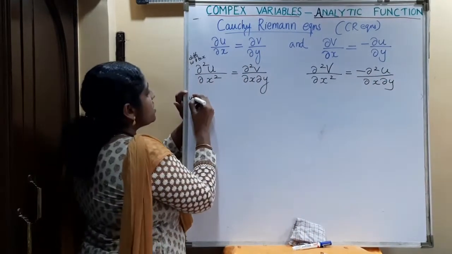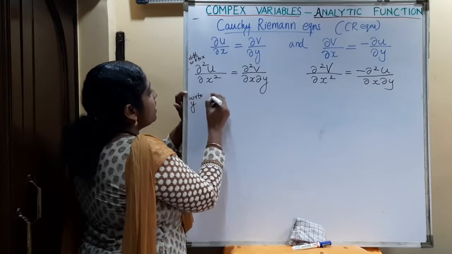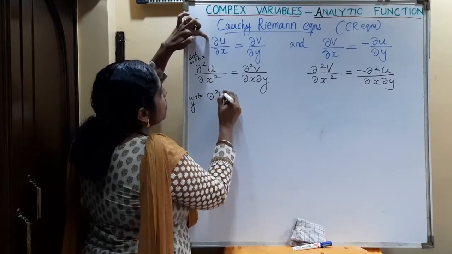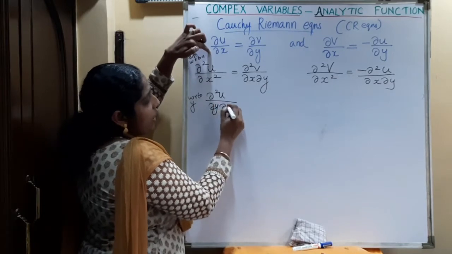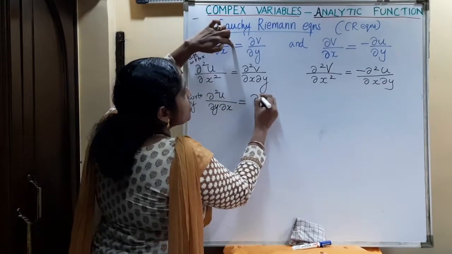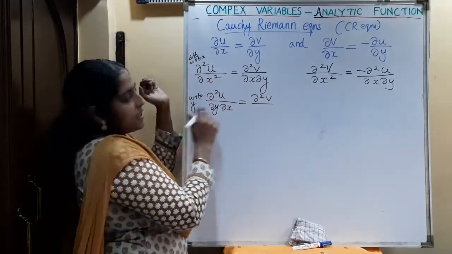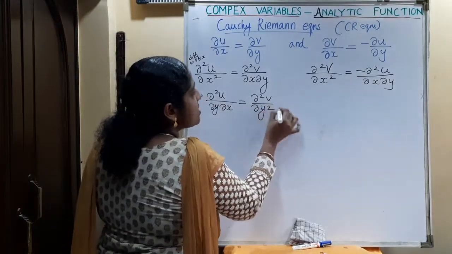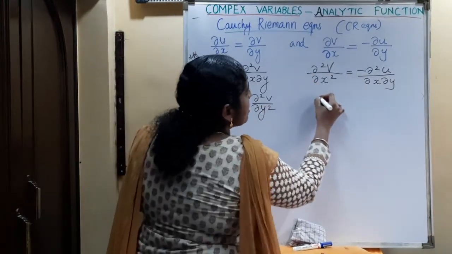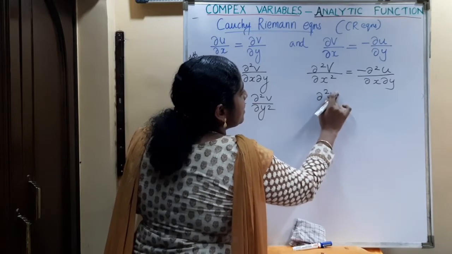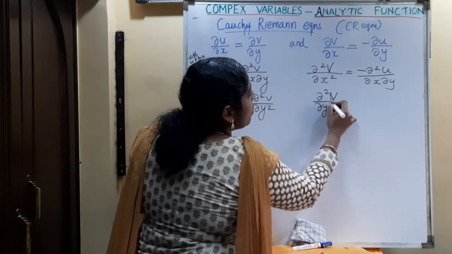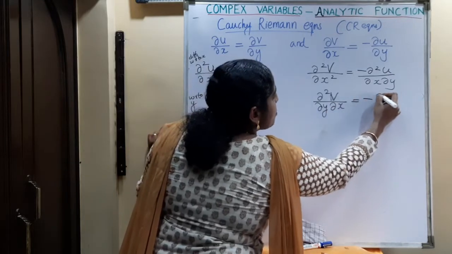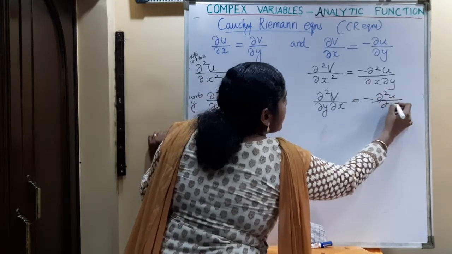Now differentiating the first equation with respect to y, we get dou square u by dou y dou x equal to dou square v by dou y square. On the second Cauchy Riemann equation, differentiating with respect to y, we get dou square v by dou y dou x equal to minus dou square u by dou y square.